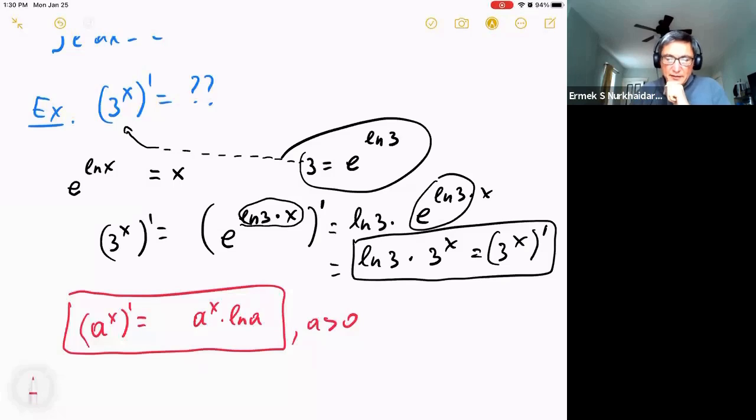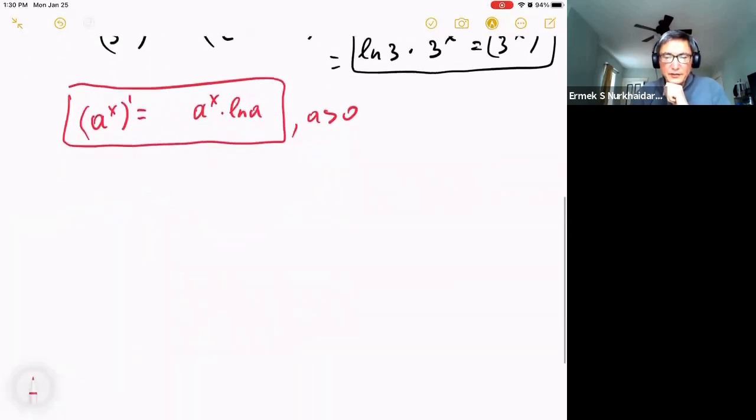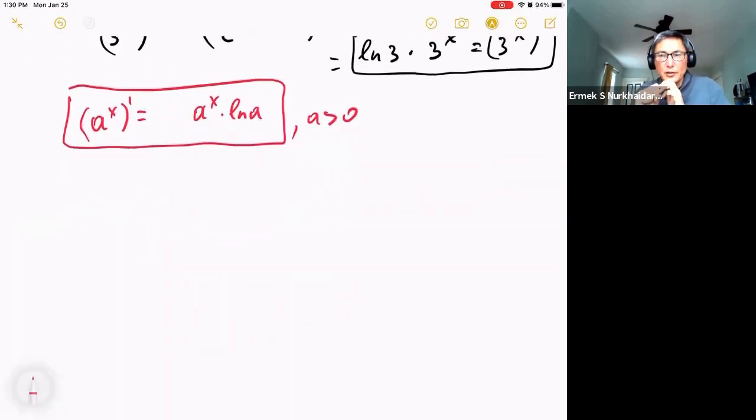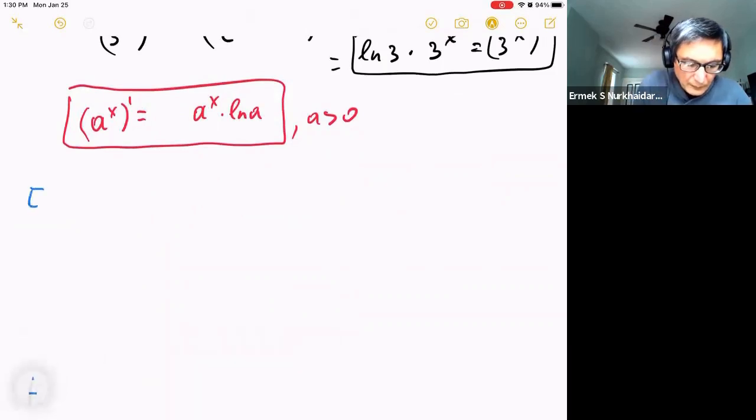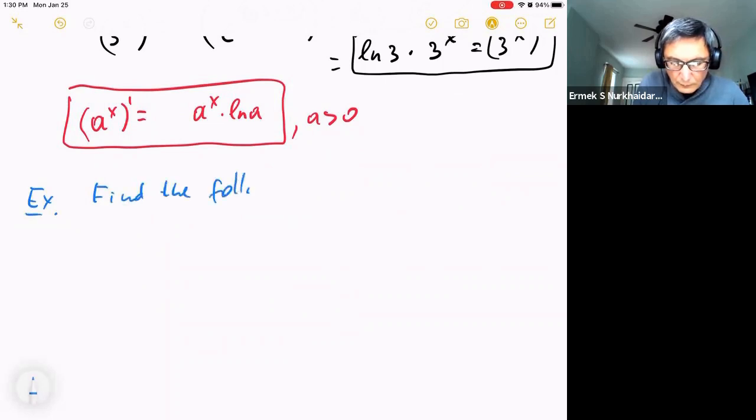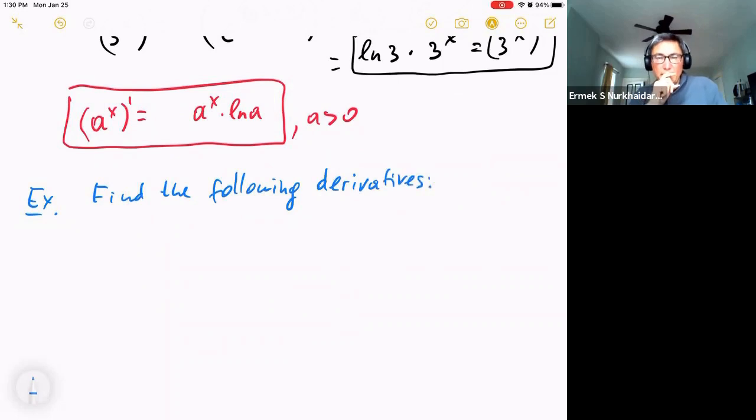Now let's do a couple of derivatives using natural log. Find the following derivatives.